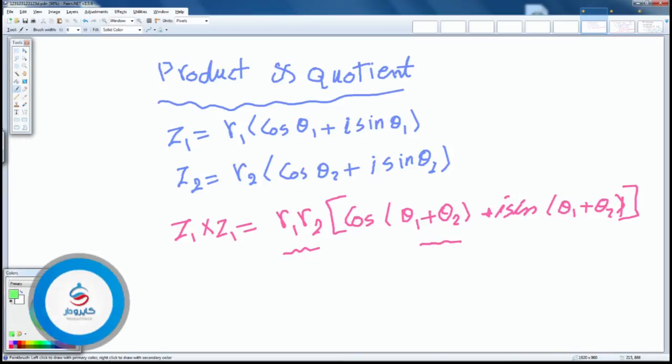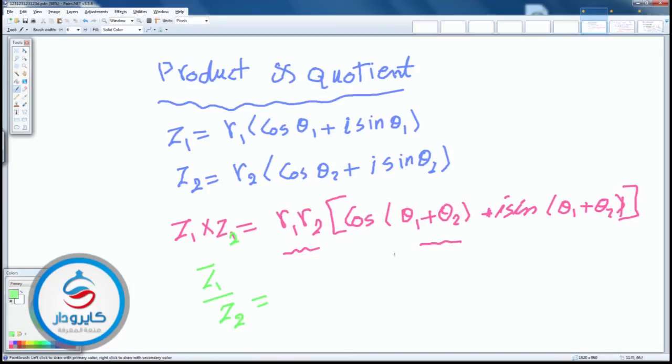But what about the quotient? This is Z1 and Z2. What about Z1 over Z2? Z1 over Z2 equals R1 over R2, and now cosine plus I sine.